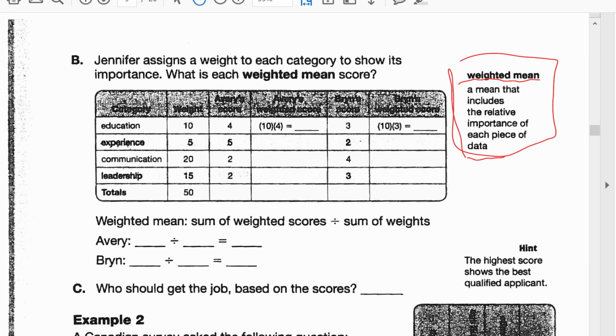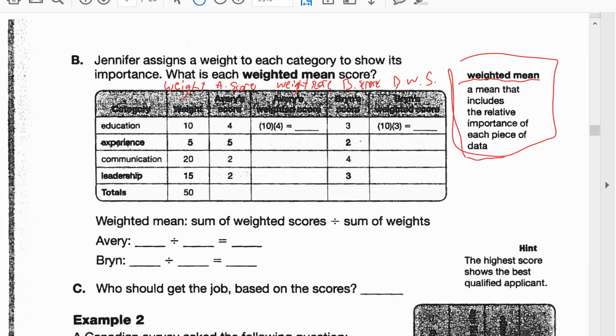So right here, this says weight, Avery score, and this is the weight score. Bryn's score, and Bryn's weight score.